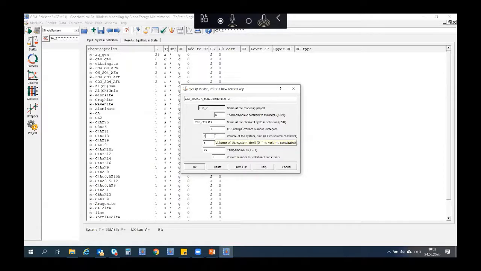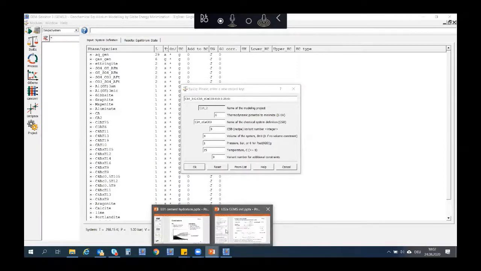Again, if we don't have any constraint as here, we leave a 0. It asks for the pressure. 1 bar, that's atmospheric pressure, that's normally what we select. It will ask for the temperature. That's important to put in the proper temperature because you cannot change it. Or you have to make a new calculation if you want to do it at a different temperature.